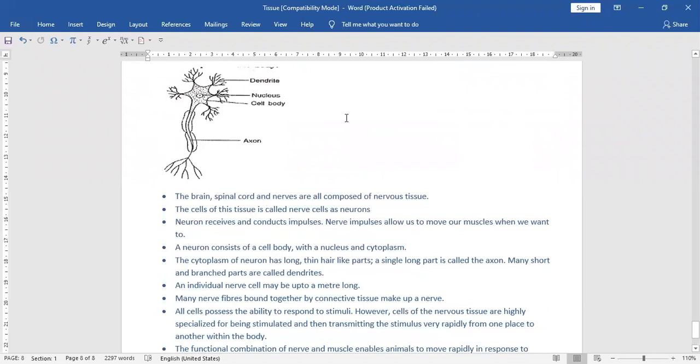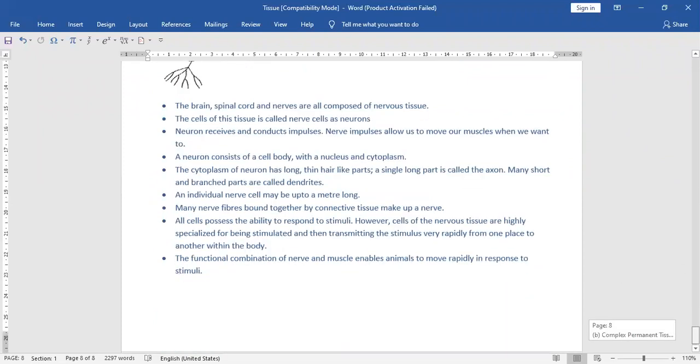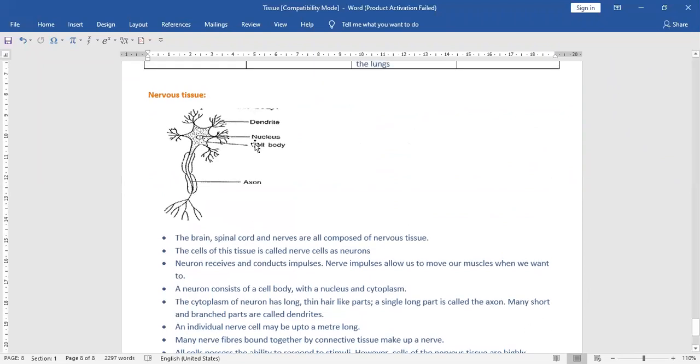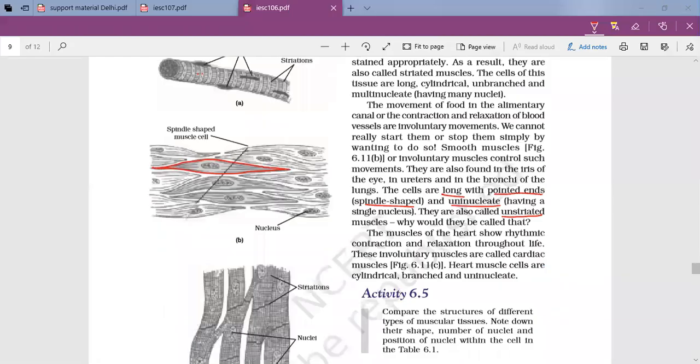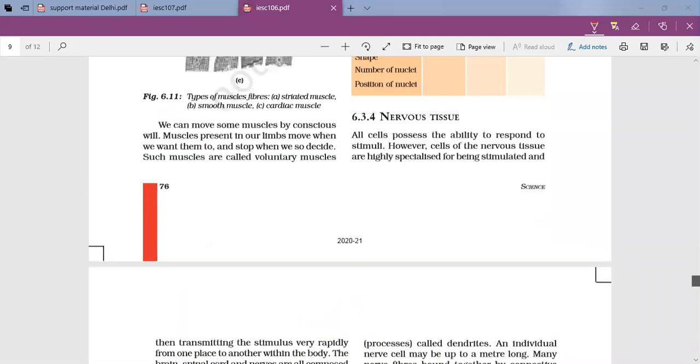Okay, this is the diagram. What is given in your textbook? I think it is not given much. In the textbook: Nerve tissue. All cells possess the ability to respond to stimuli.